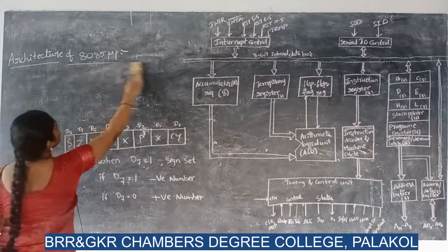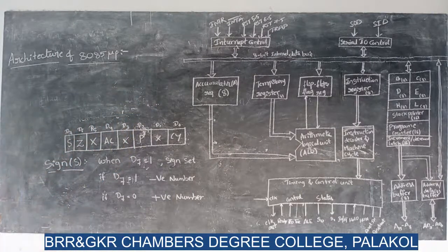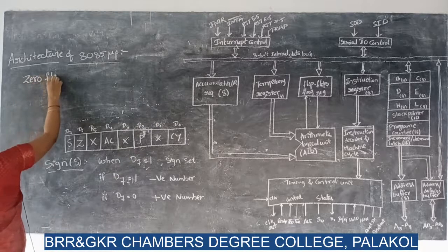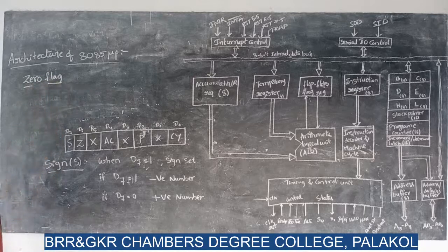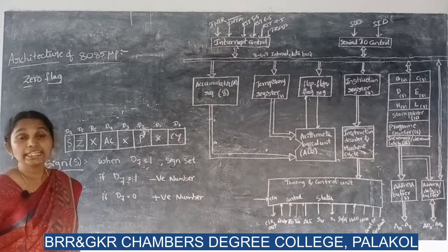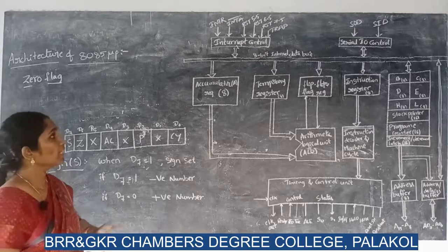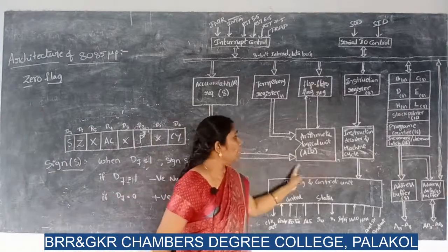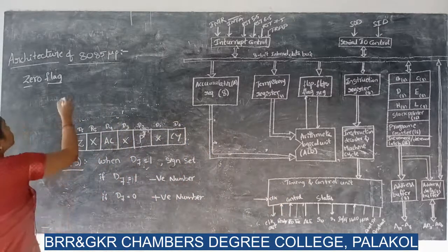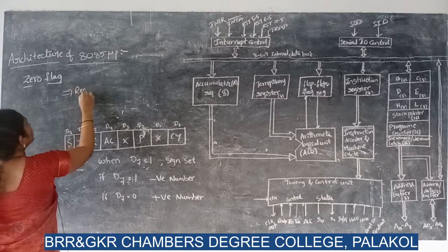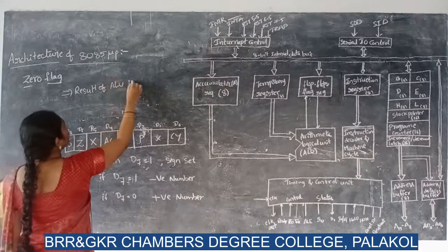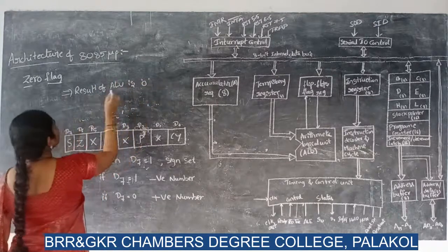After that, the zero flag. When the result of an arithmetic or logical operation is 0, the zero flag is set. Whenever the result of the ALU is 0, the zero flag is set.